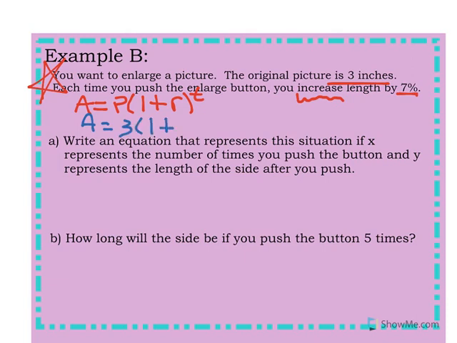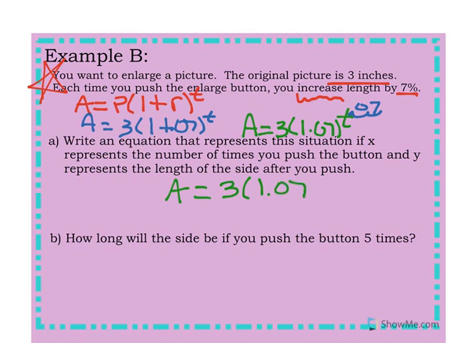Well, the rate, we've got to take that 7%, move the decimal 2 times to the left, and we get 0.07. And then it's to the t power. We don't know how many times we are going to press it. So if we just simplify in parentheses, we would have 3 times 1.07 to the t power. That is the equation that represents how we would find the new dimensions after enlarging it so many times.